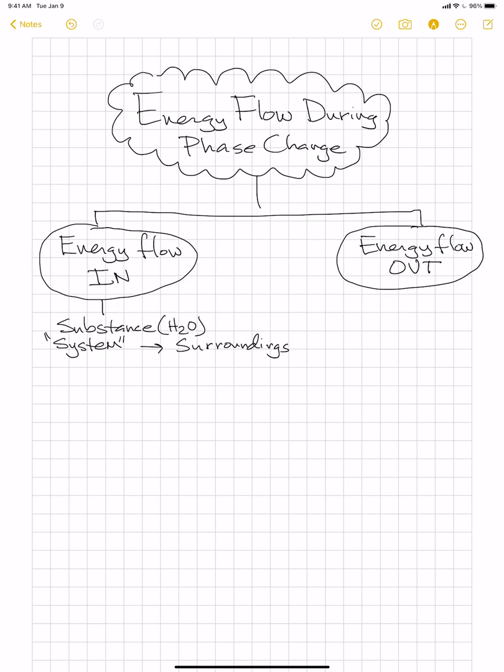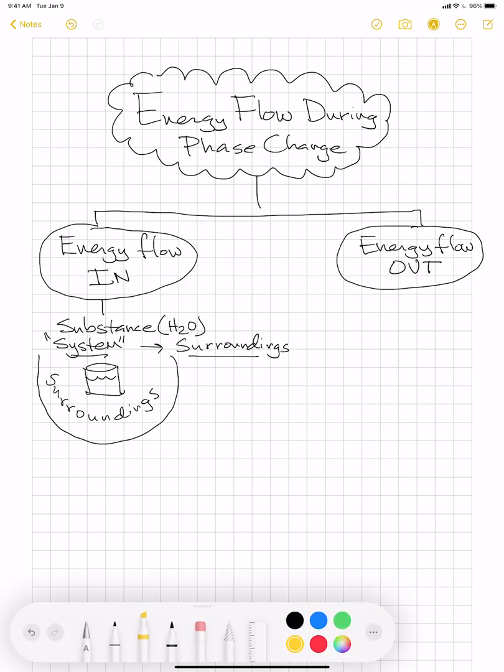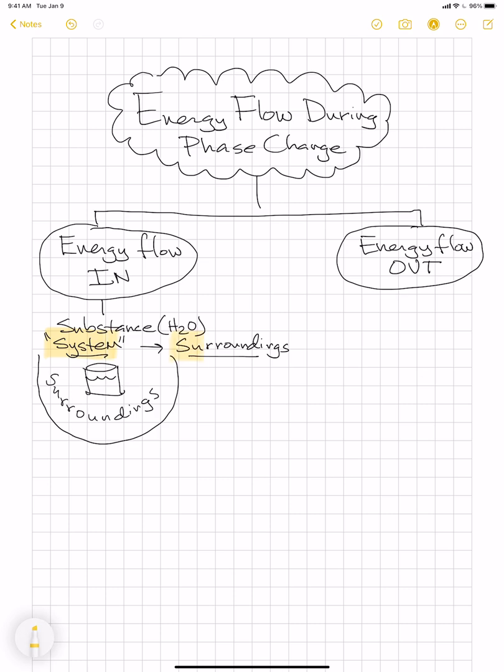So here's what it would look like. Here is the system, and everything around it we call the surroundings. That would be the air, that would be the planet Earth, that would be anything that's not the water. Important for you to remember that there are two parts to this: the system and the surroundings.